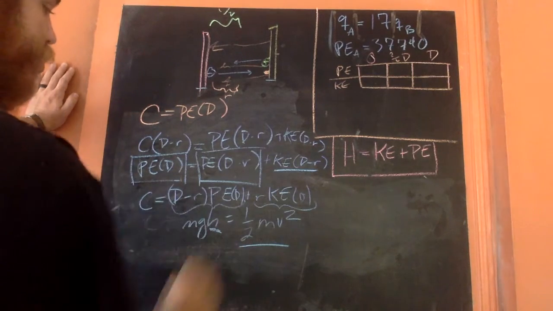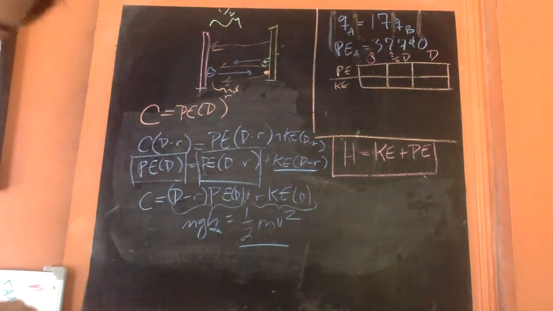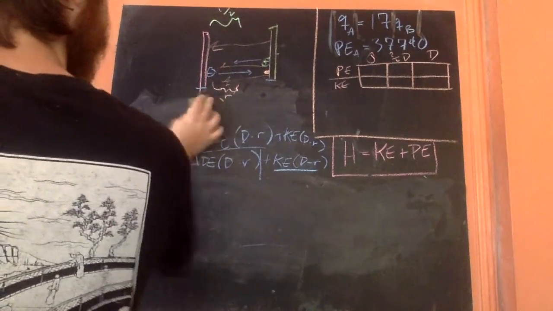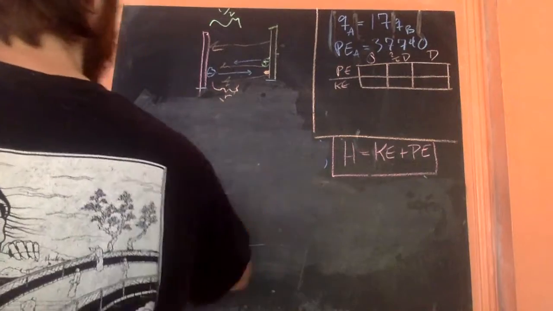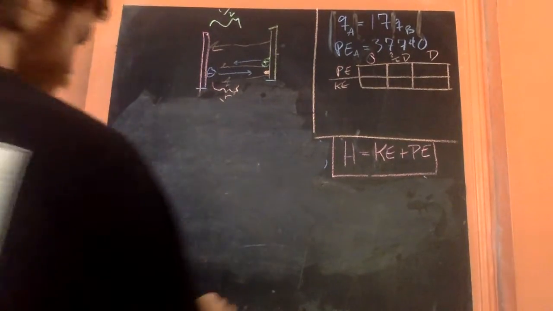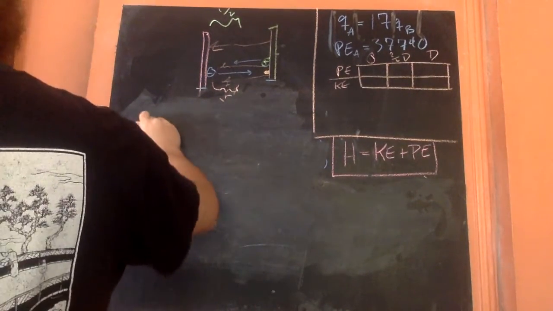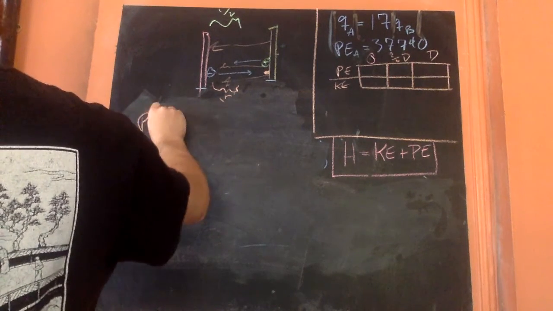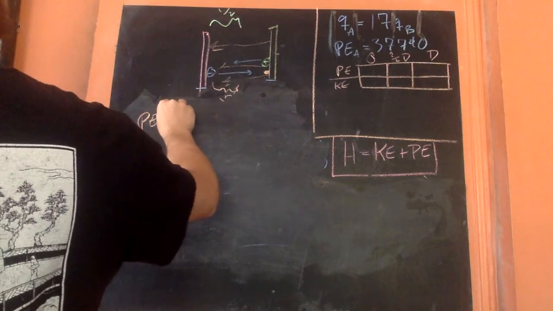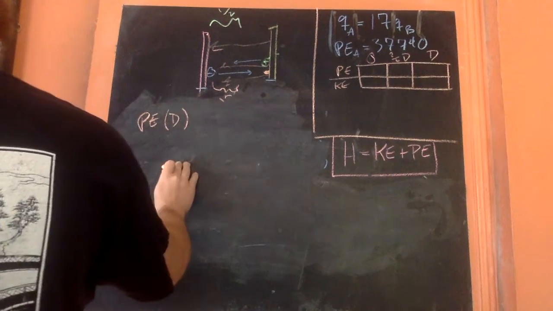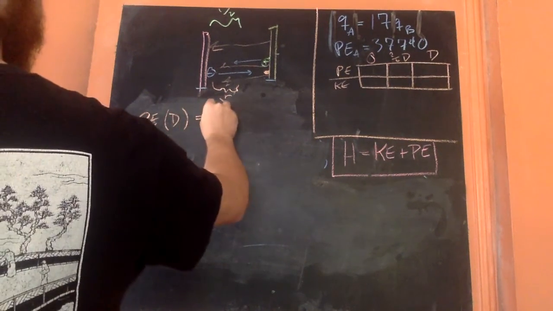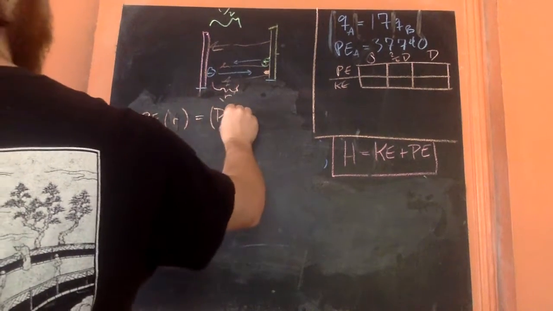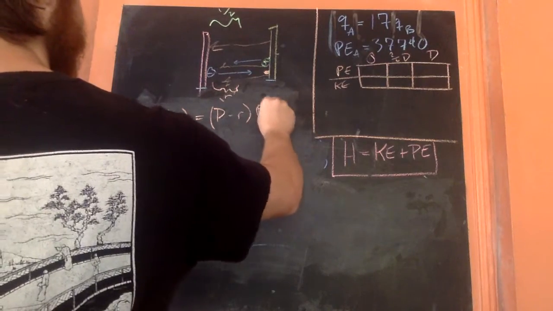So we've got a formulation, and the result is that we can just think of this as our potential energy at a distance is equal to the distance minus the distance we've traveled times our initial potential energy.